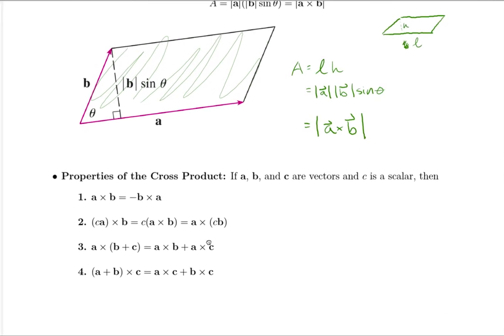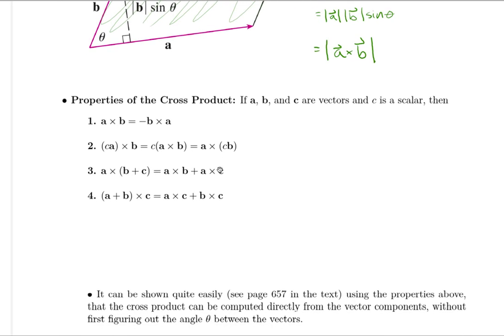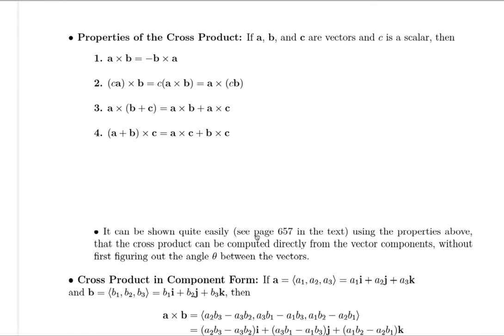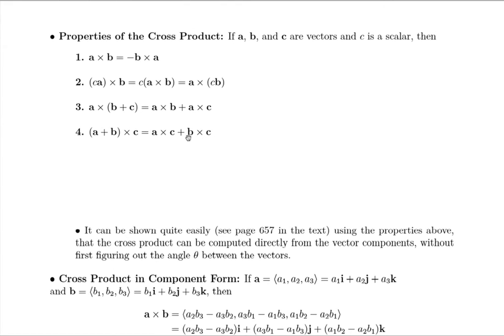All right, so what can we do with cross products? Well, cross products are different enough that their properties are not trivial to talk about. So first of all, in most instances, we have commutativity when we're talking about addition of vectors and the dot product of vectors. The cross product does not give us commutativity.